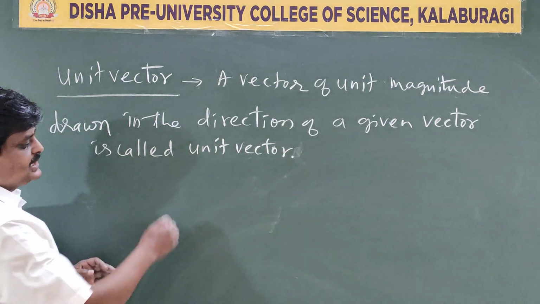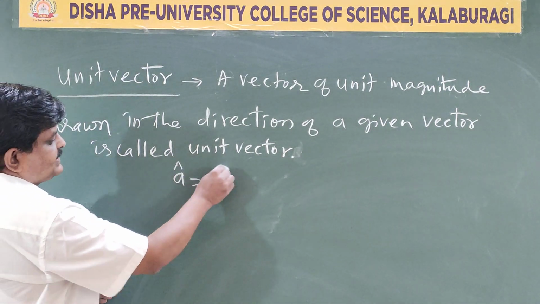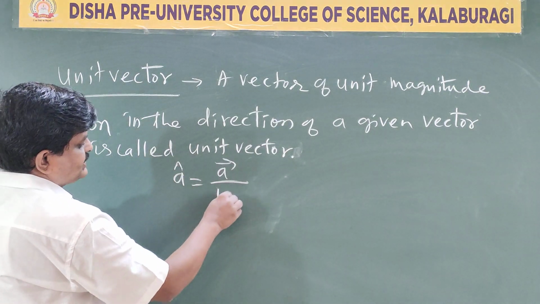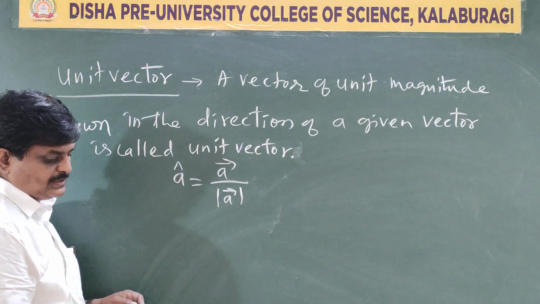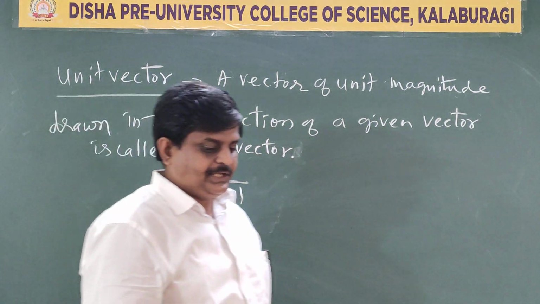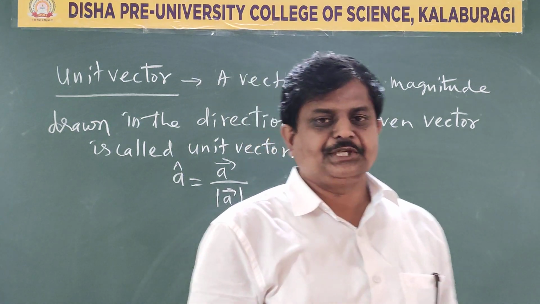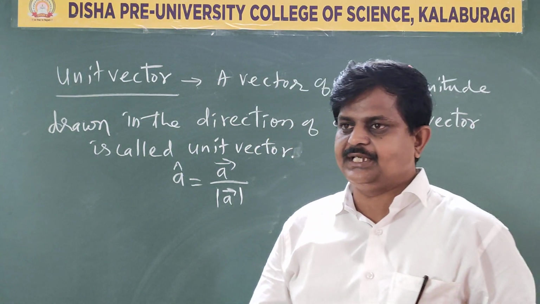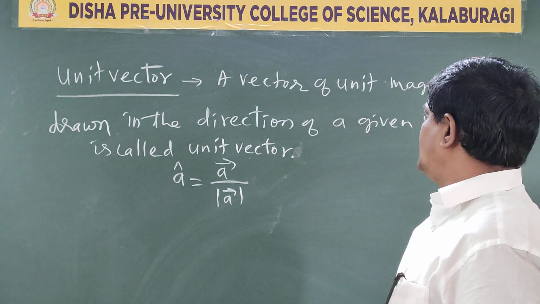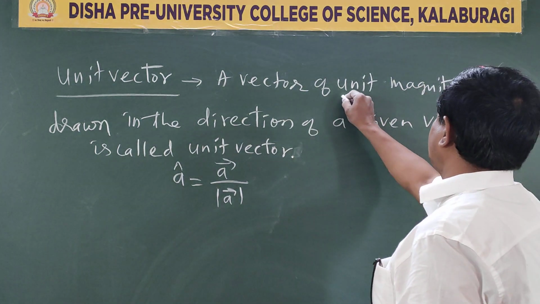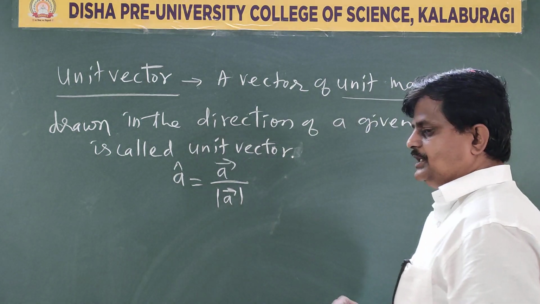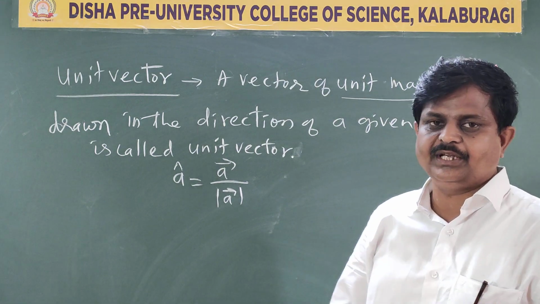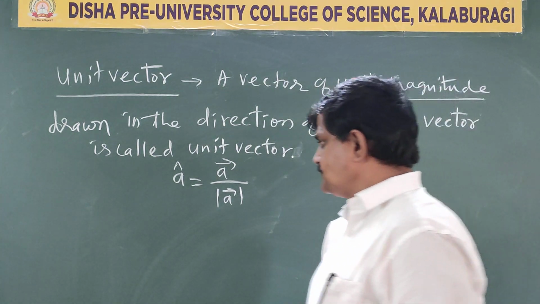Okay, how is it represented? Like this: a cap is equal to the vector divided by its modulus. Please remember, let me reiterate, unit vectors are always used to specify the direction, and usually they have a unit magnitude, but their purpose is to specify the direction of the vector.